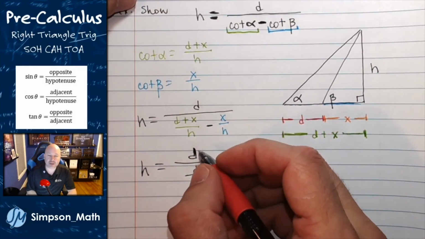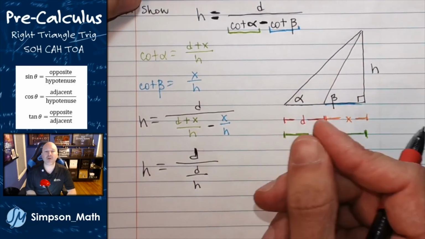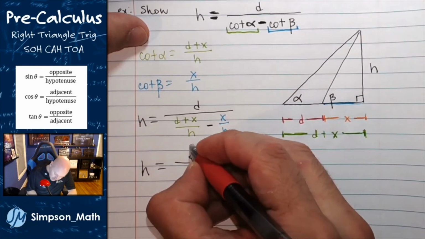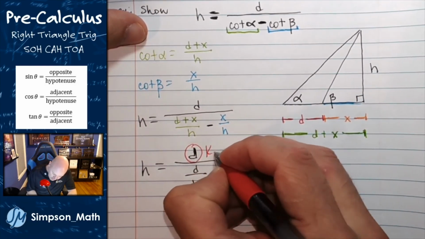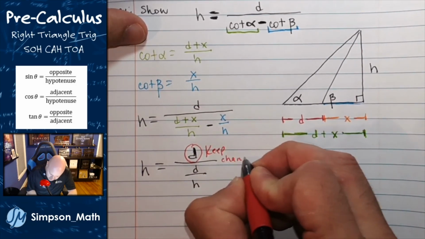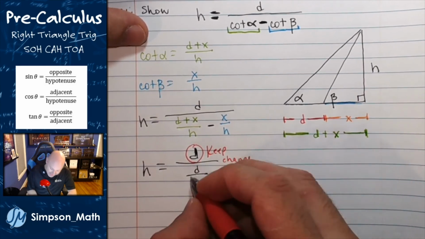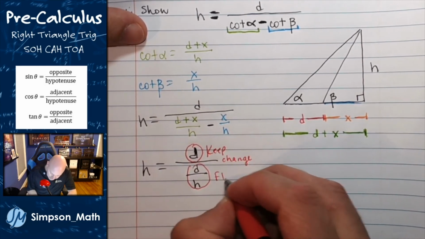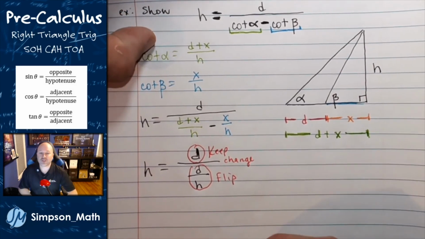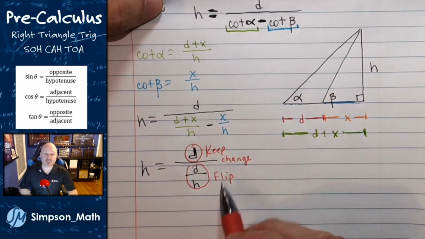The keep, change, flip is just a cute little way to remember how to divide by fractions. And that is, you keep the numerator, you change the division problem into a multiplication problem, and then you flip, which reciprocate would be a better word, but you flip the denominator. So you keep, change, flip.